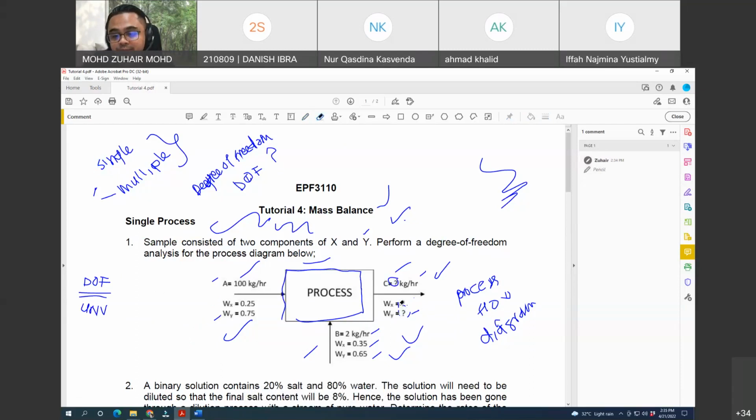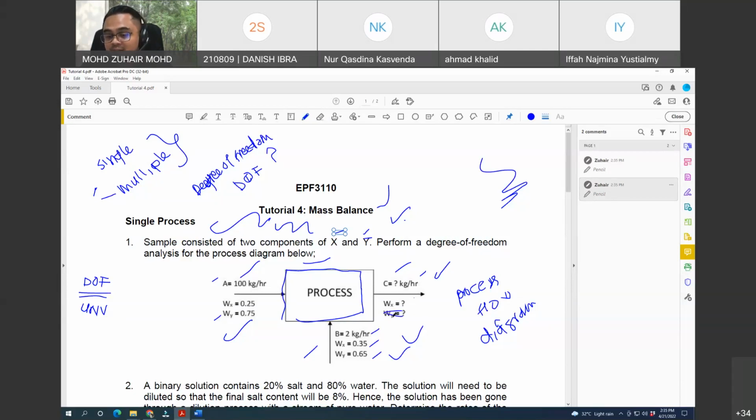It's only 2. Why? It's already been explained in the lecture video that I provided about the degree of freedom analysis. One of the things highlighted is that if the component is only two, for instance x and y, we don't consider this as an unknown variable.